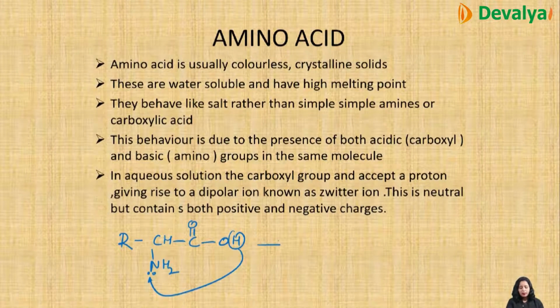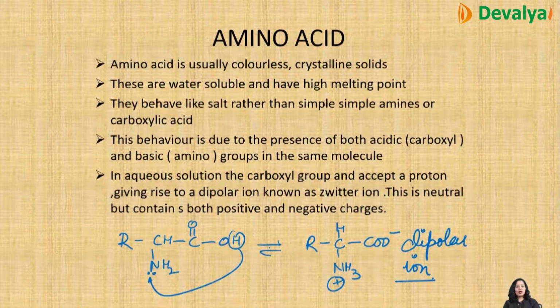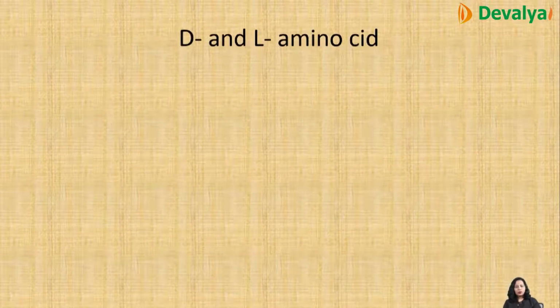Now in this case, they will form R, C, H, this becomes NH3 positive and this becomes COO negative. So this is a dipolar ion which behaves like a Zwitter ion, where they behave like a salt also, the positive ammonium ion, and the COO negative, that is the acidic carboxylate ion. So they are dipolar ions, they possess both the properties.